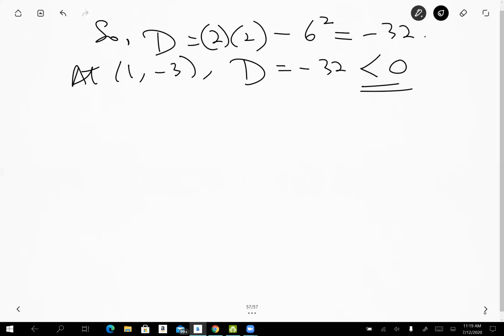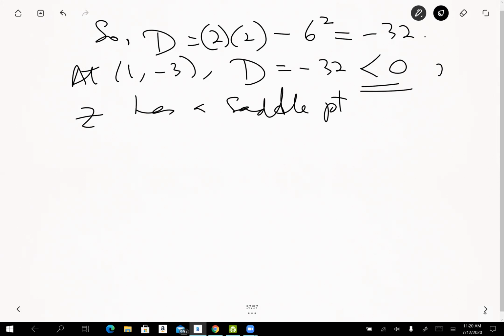Now, less than 0, you will see it's not whether the function has a maximum or minimum, because the first condition is D positive. So when D is less than 0, z has a saddle point.